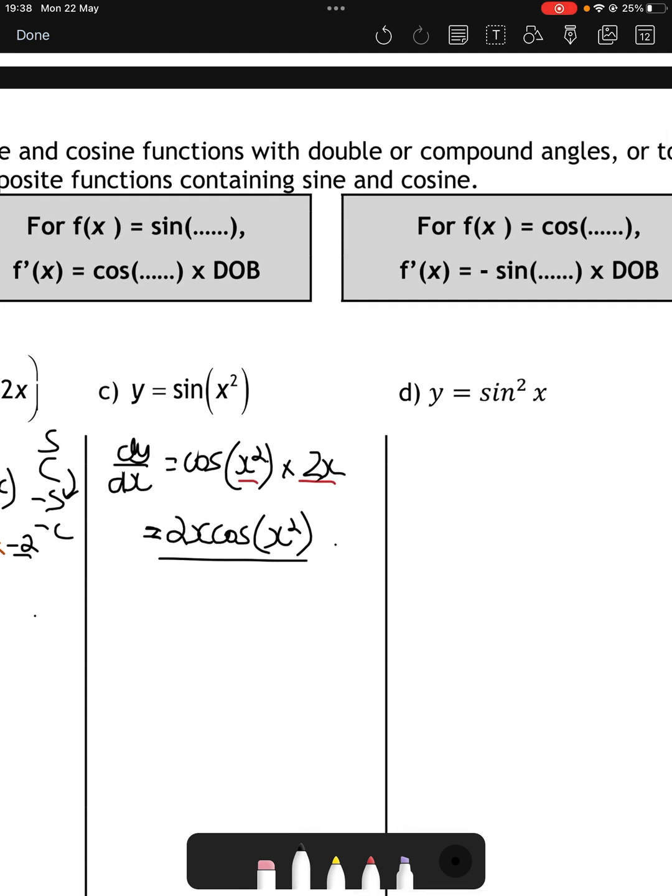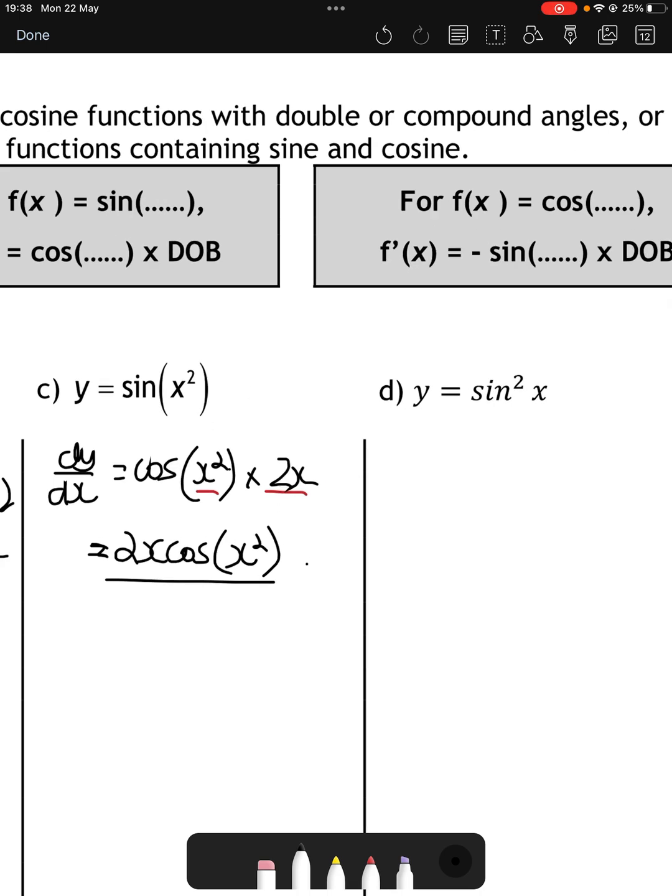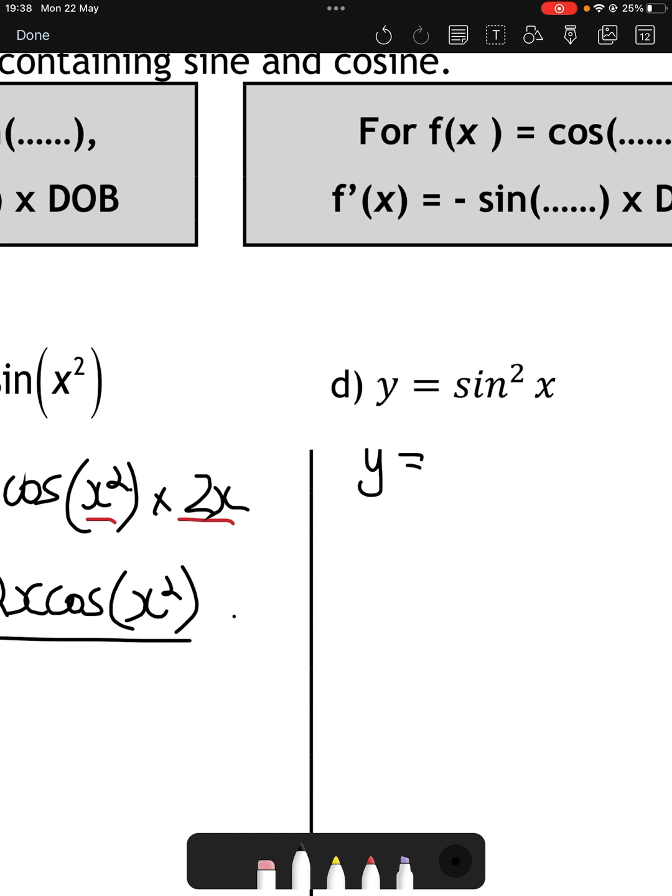Okay, now comparing part C and part D, what we had is sine x squared, so the x was getting squared, so that was fine, but this one we have sine squared x. Now the key to this, that means sine x all squared, so I'm going to have to write it like that. This is going to change the game a wee bit because now we have everything to a power.